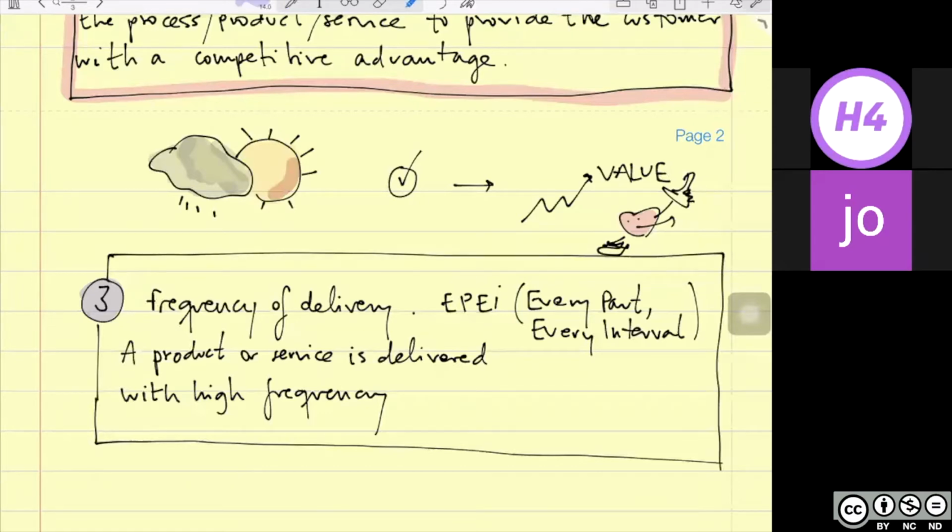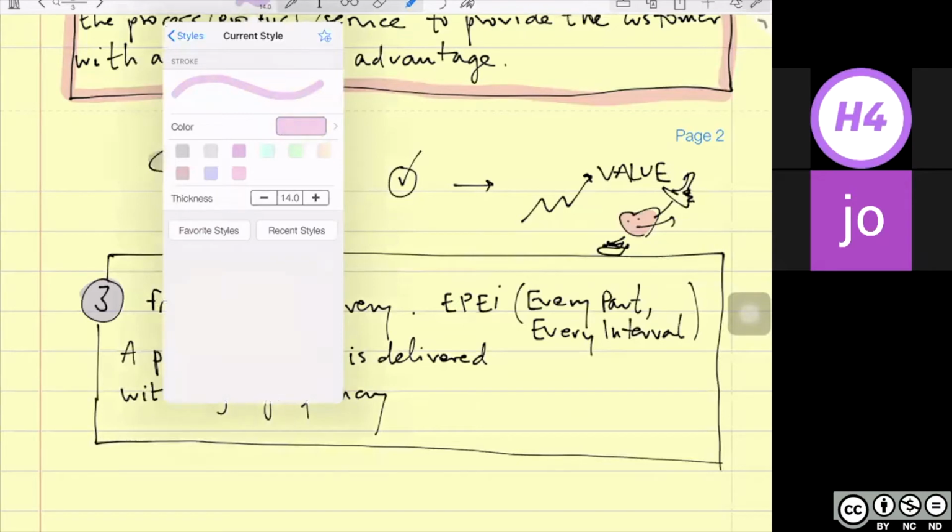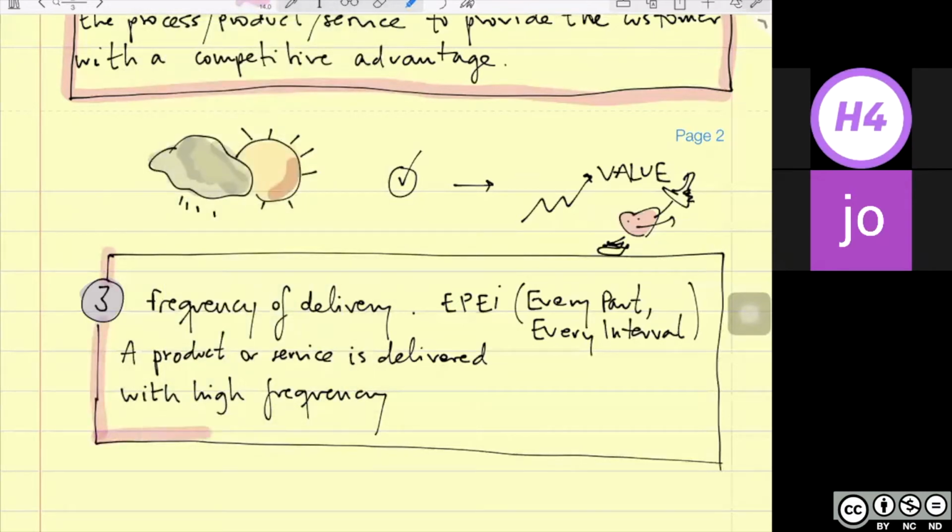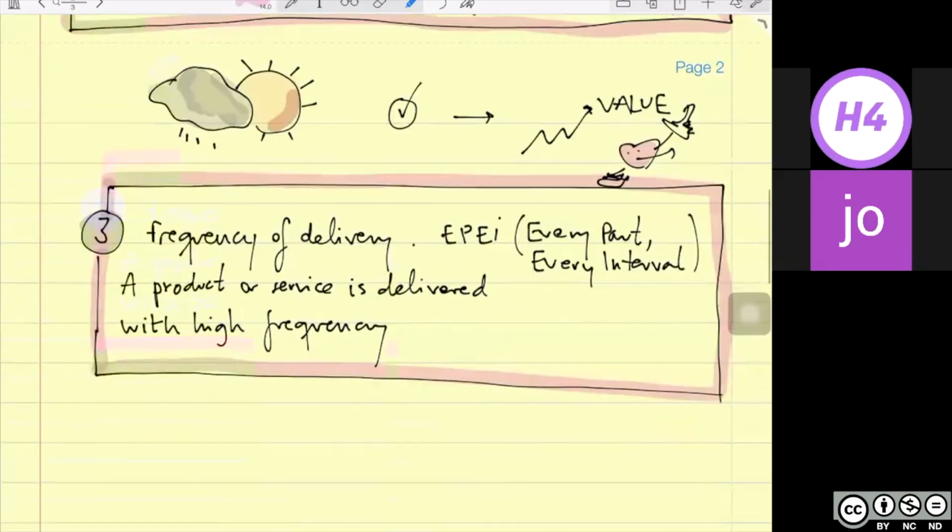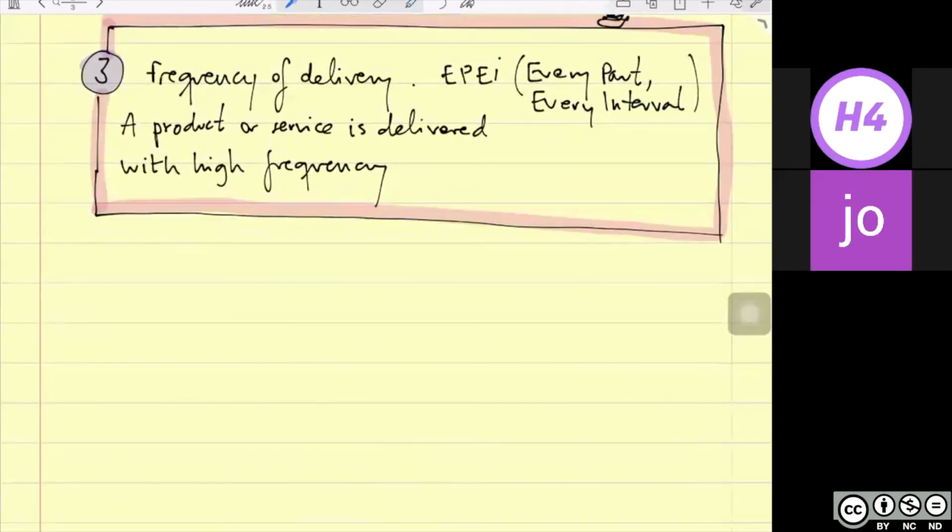You remember, maybe if you don't remember, you can look it up. That if we have an EPI of 1 week, and we can calculate this, we can produce all our products in 1 week's time.